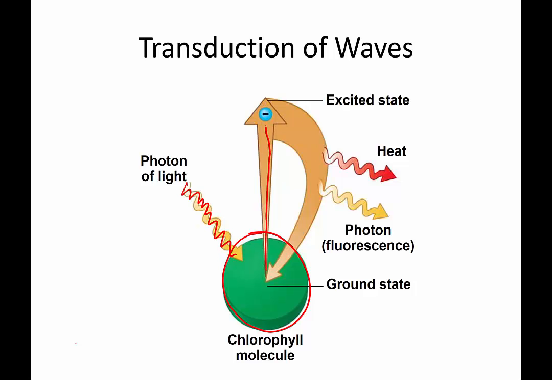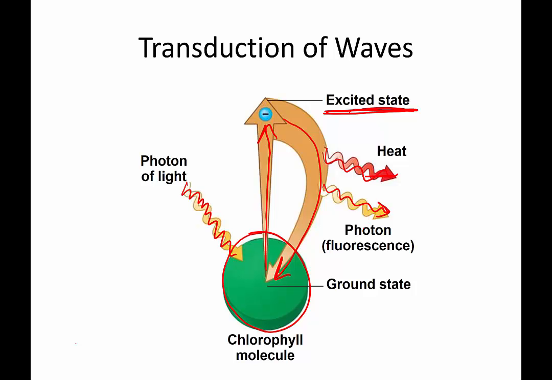Here that wavelength, or that photon of light, is hitting the chlorophyll and is allowing the chlorophyll molecules to get more energy and become excited. So now we have excited electrons. You can think of them being at a higher energy level, and as they decrease in energy level, they release heat and they release fluorescence.